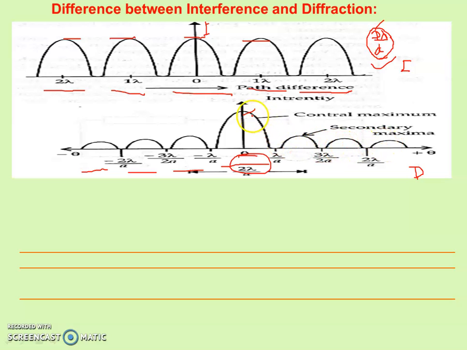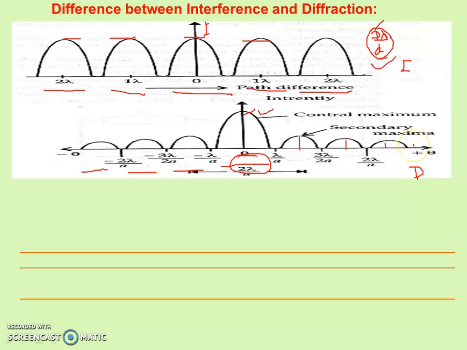Means the intensity of central maxima is highest, then the intensity of first secondary maxima, then second secondary maxima, then third secondary maxima, and so on.